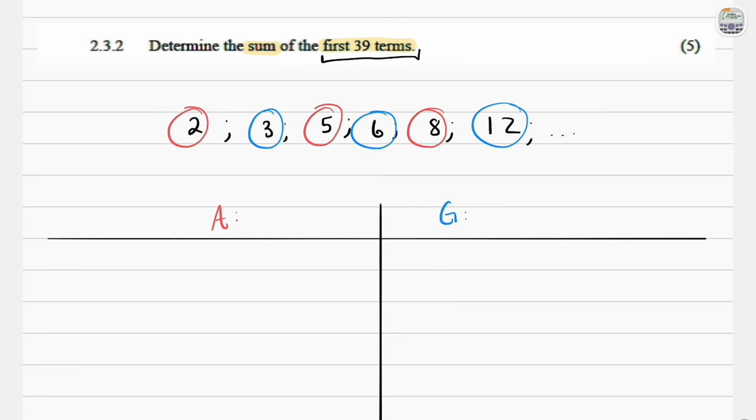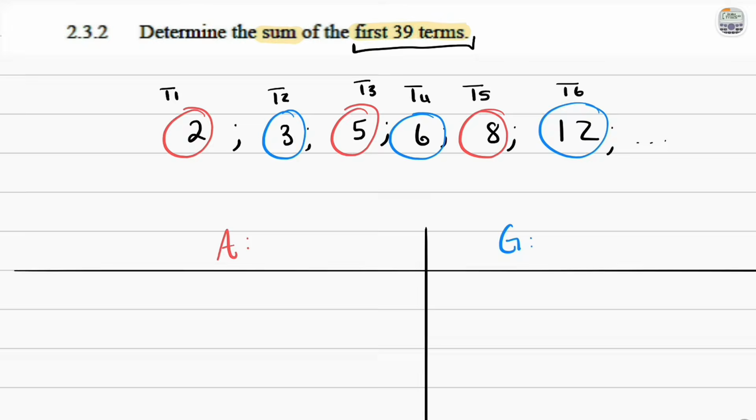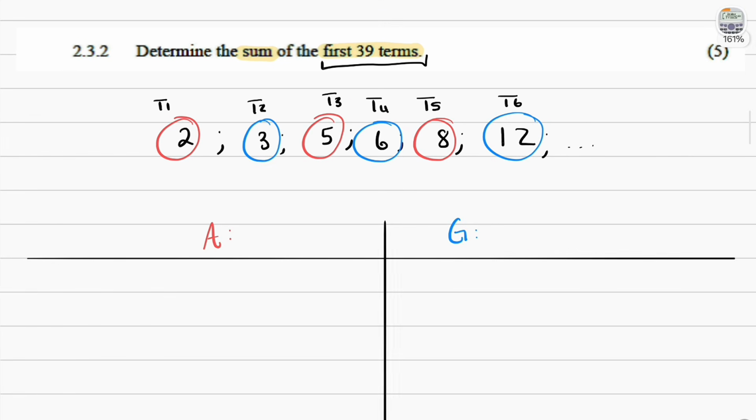If we're looking at the general term numbers, do you see that this is term 1, this is term 2, term 3, 4, 5, and 6. What do you notice about the arithmetic terms and their term numbers? They lie in term numbers that are odd. See, T1, T3, T5. Those are odd numbers. And then the geometric, they lie in term numbers that are even. Term 2, term 4, term 6.